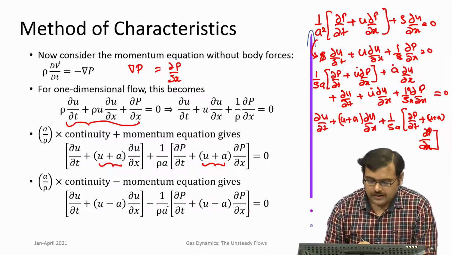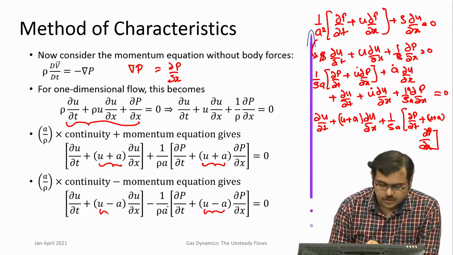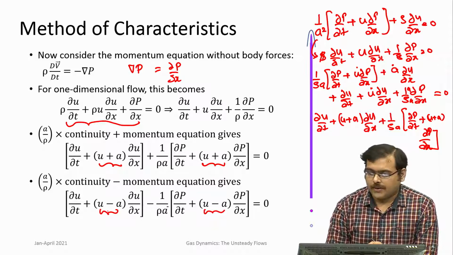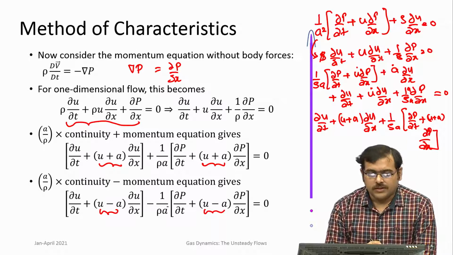Now what is the significance? You can see that there are two terms, u plus a and u minus a, they are quite significant, and this is where the application of method of characteristics comes into picture. So what we are looking for is some transformation.